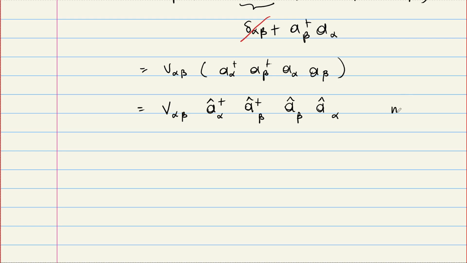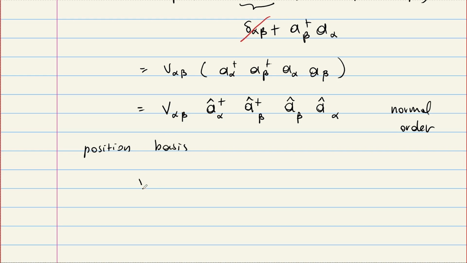So this is what we call normal order. Normal means all a daggers are on the left, all a's are on the right. So in the position basis, let's now come back from abstract notation to position basis.